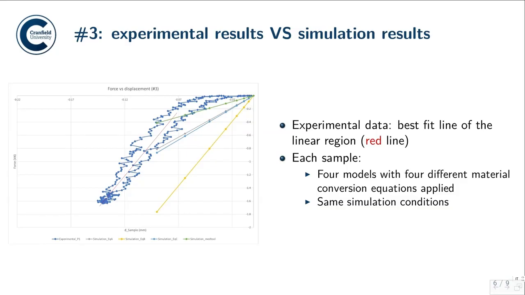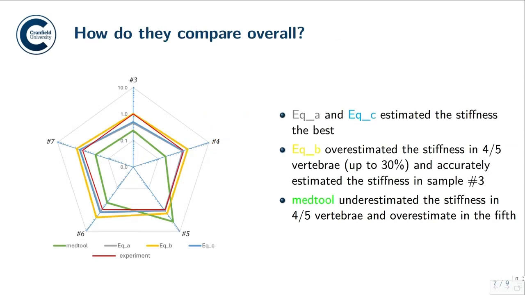So this is a summary of the 5 bone samples, and we can see that overall equation A and equation C, which are the gray and the light blue lines, are the equations that behave the best, they estimated the stiffness of the bone samples best, while equation B, yellow, overestimated in 4 cases and was accurate in just one, while metal, the green line, underestimated in 4 vertebrae and overestimated in the last one.